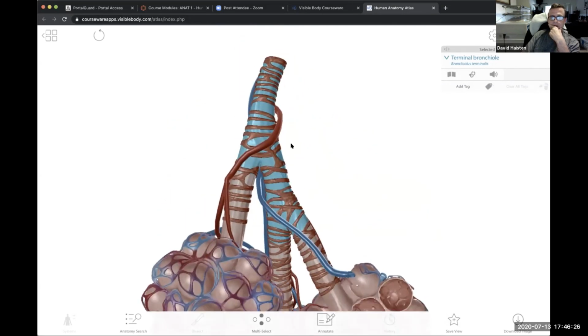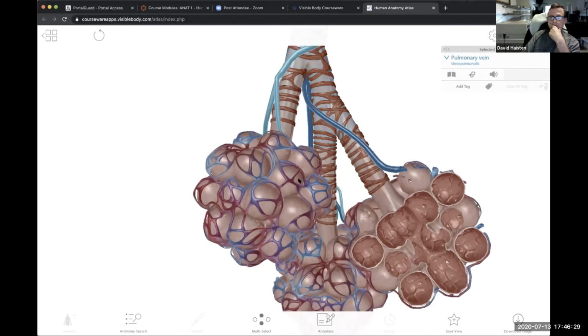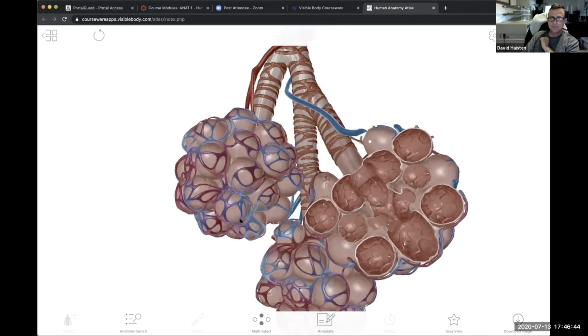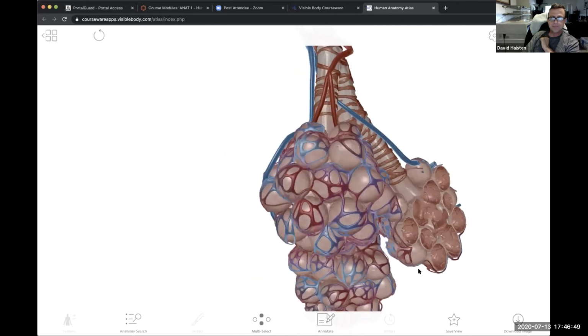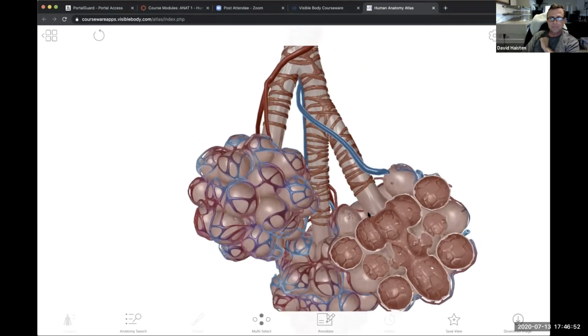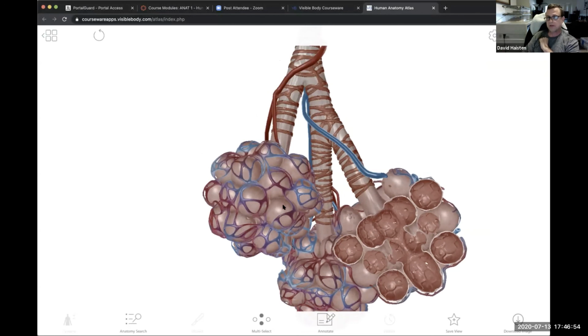Okay, all the way to the end. Okay. Pulmonary vein, it's still screwed up. They didn't fix anything. It's a pulmonary venule, and this is a pulmonary arteriole. Right. So there's no elastic shown here or anything. But you know there's elastic around the alveoli, and there's elastic around these bronchioles too. There's elastic everywhere.